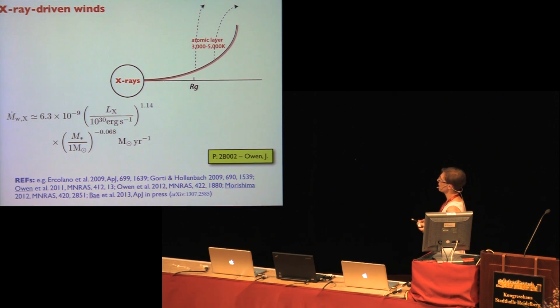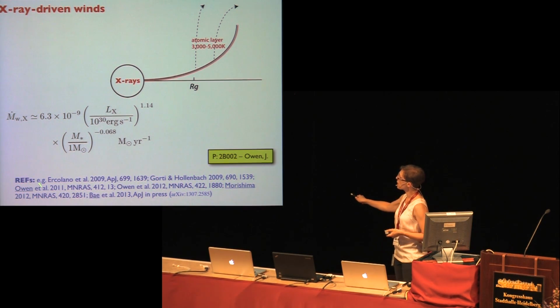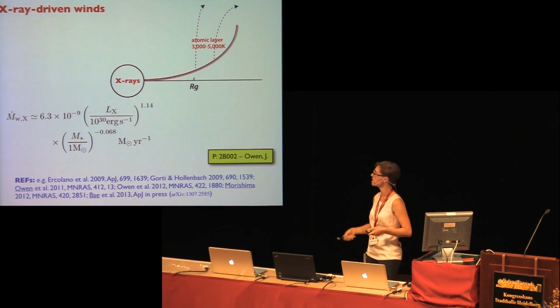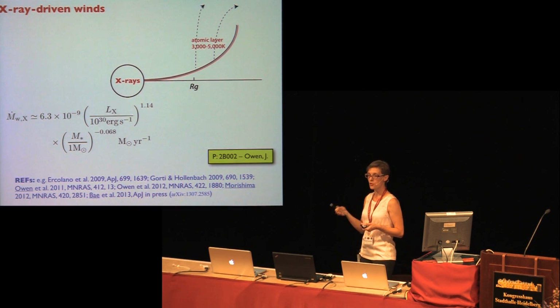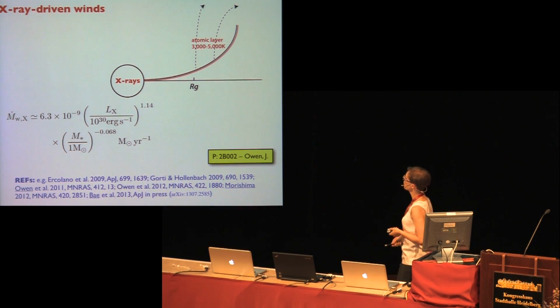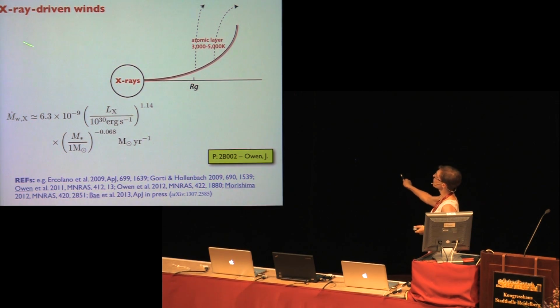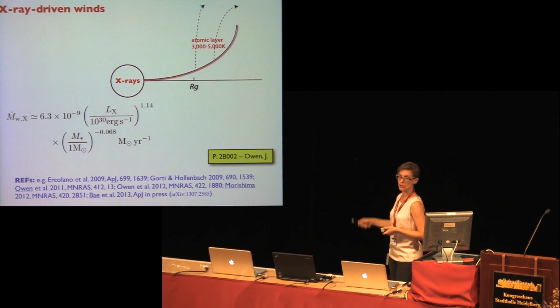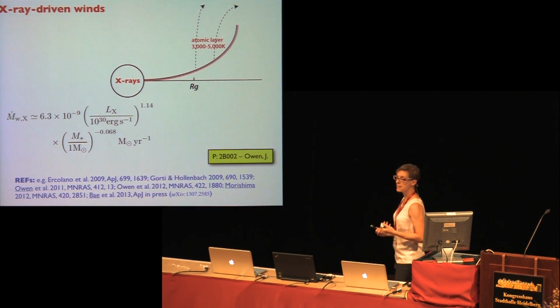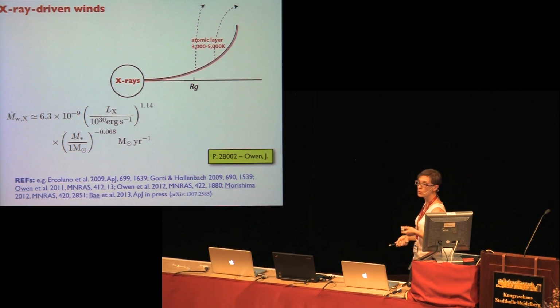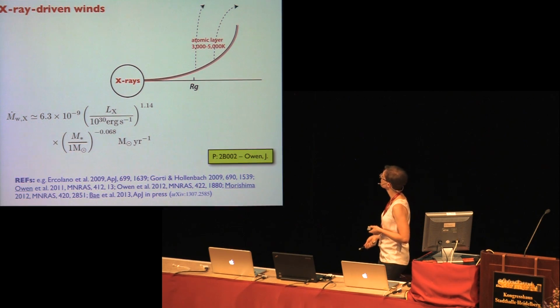Now, when theorists, and here I'm referring in particular to Owen, Ercolano, and Catherine Clarke's group, include radiative transfer as well as hydrodynamics in their model, they can compute mass loss rates, and these are of this order. So they are more than an order of magnitude higher than in the case of the EUV-only model.